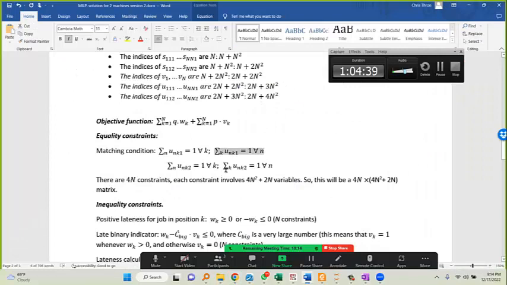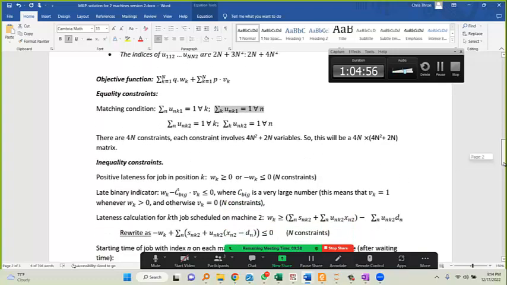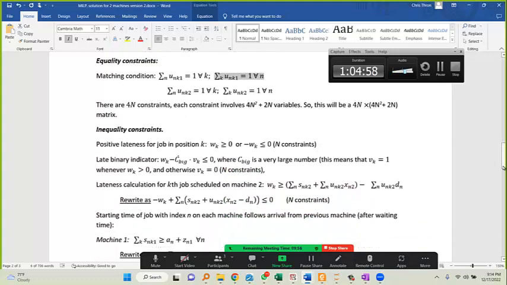You still have these, for instance, this one here only has a W part, so it's only going to have a W matrix. This one is going to have W and V matrices, and so on. This one's going to have several matrices: W matrix, S2 matrix, SN matrix, U2 matrix, UN.